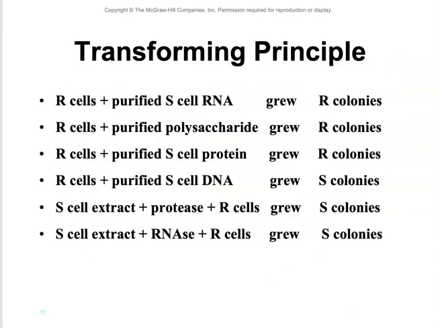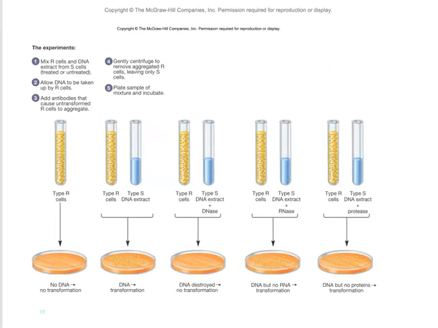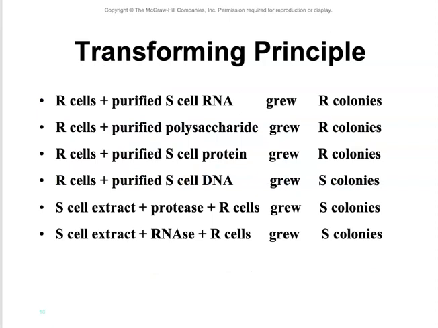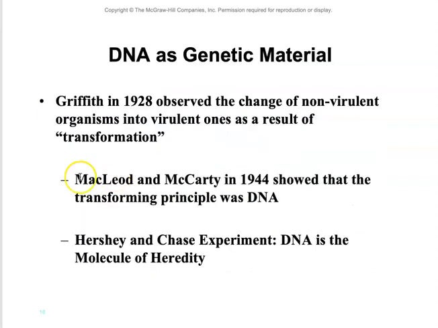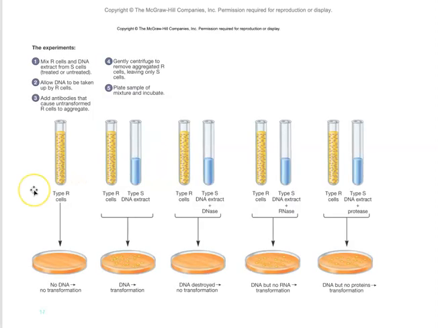So this is just a paraphrasing of this, which is actually the picture version of this text, so it might be easier to follow. So in the experiment by MacLeod and McCarty, pictured here, they knew what macromolecules were present, so they performed this sort of subtractive assay to get rid of each macromolecule individually.